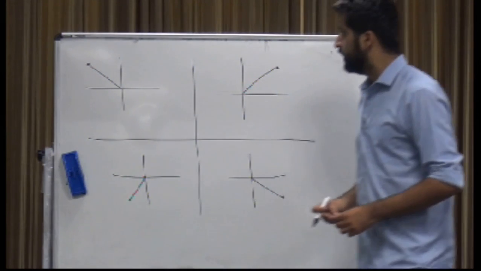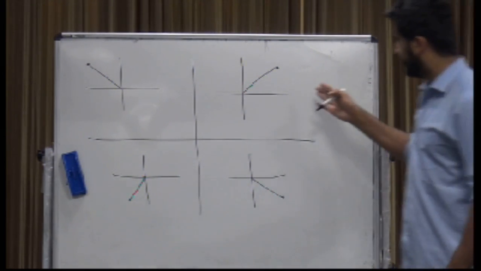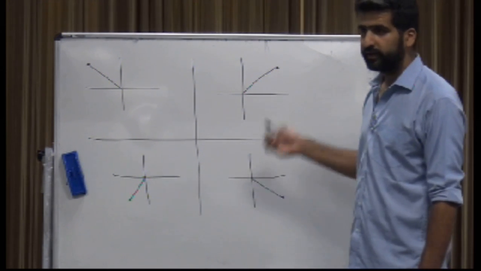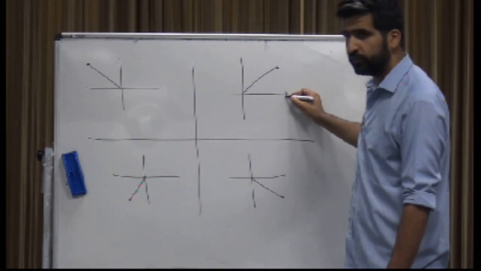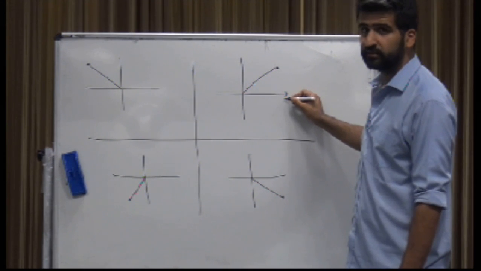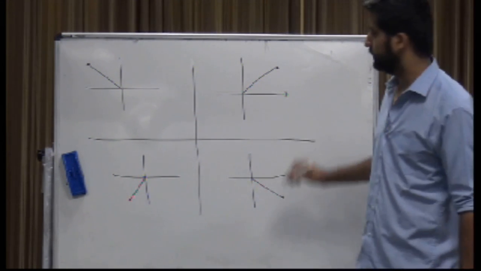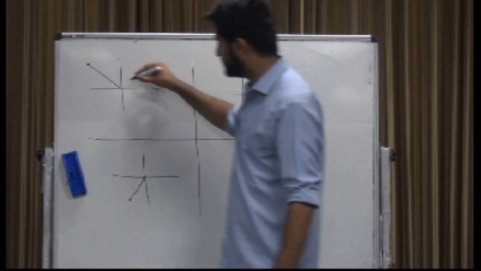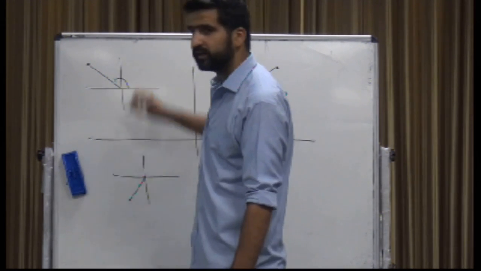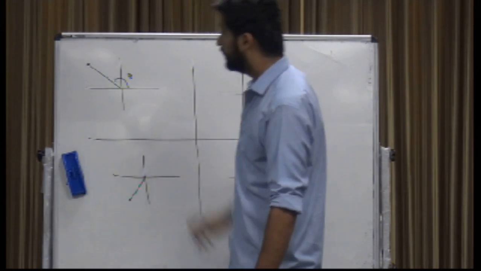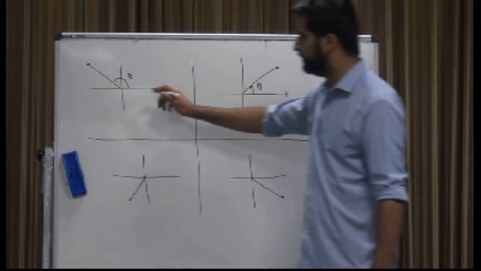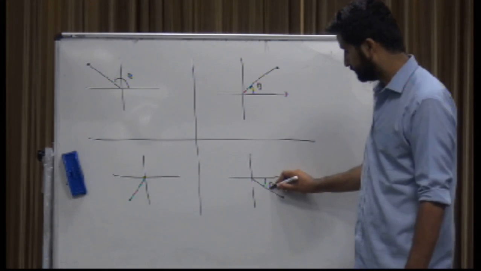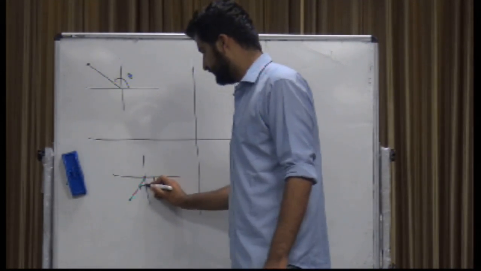We've been seeing this since straight lines, that whenever we are measuring an angle, it is always measured from the positive x-axis only, right? So this will be the angle theta here. In the second quadrant, this obtuse angle theta is 90 plus some other angle. Then this angle in the third, and this angle in the fourth.